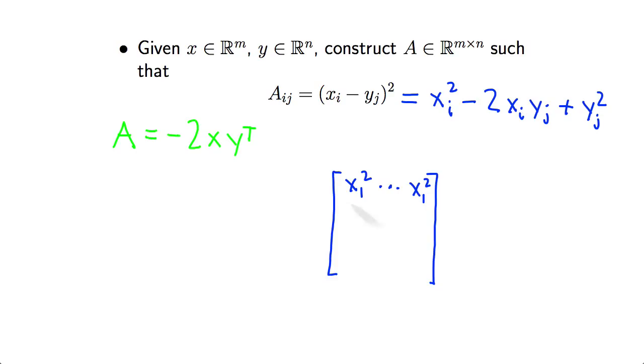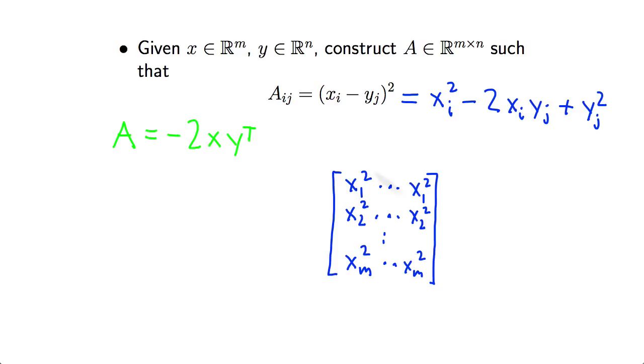The next row would have all the second element of x squared, down to the m element of x squared in all the rows. So we want to create a matrix like this.